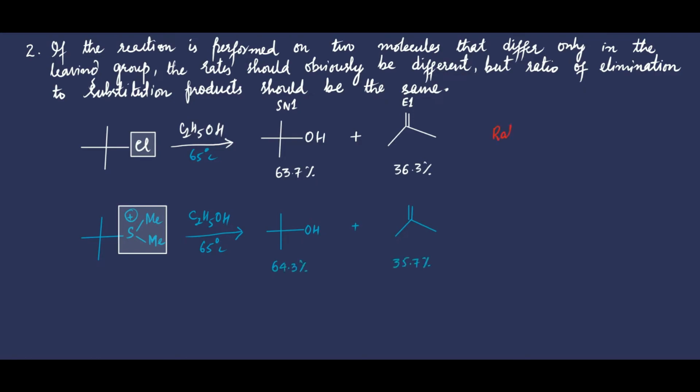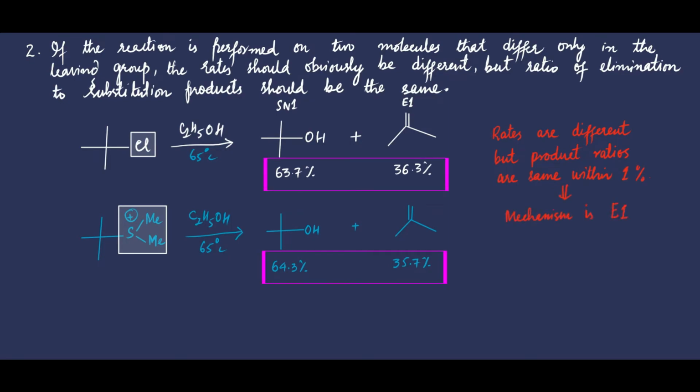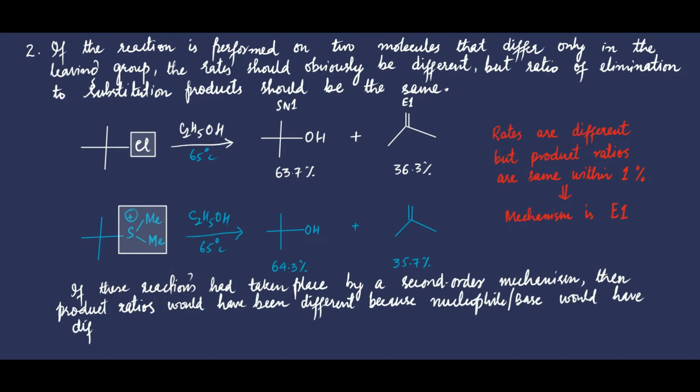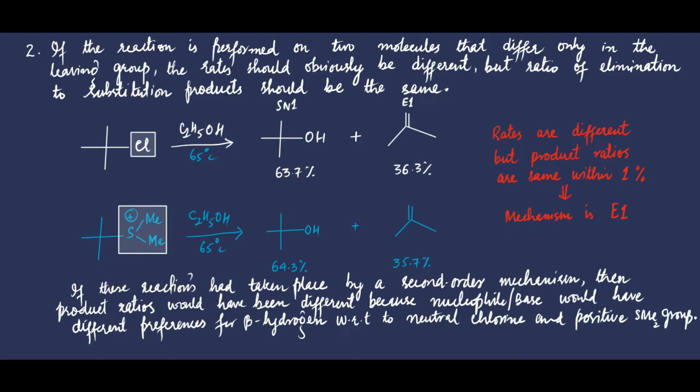We can clearly see that the rates were greatly different, as expected with such different leaving groups. However, the product ratios were the same, within 1%. If this had taken place by a second-order mechanism, the product ratios would have been different because the nucleophile or base would have different preferences for the beta hydrogen with respect to neutral chlorine and the positive SMe2 group.